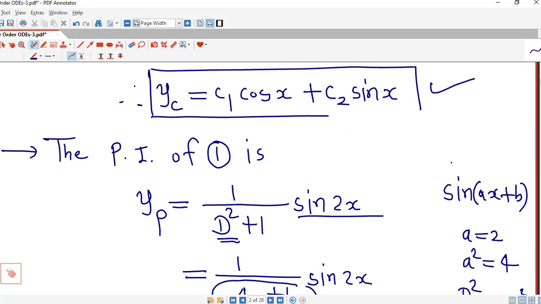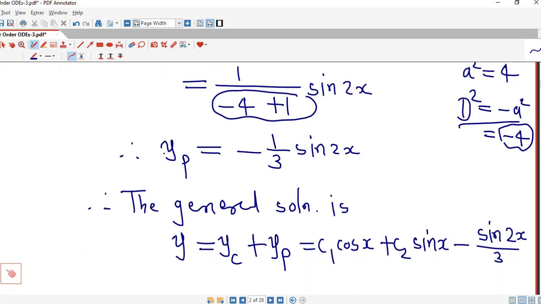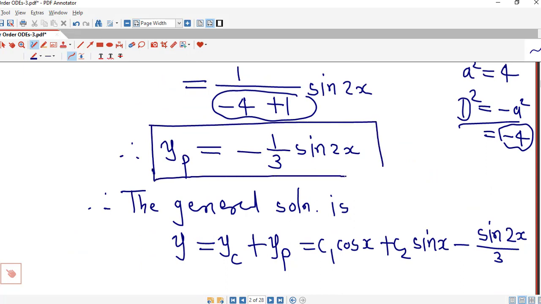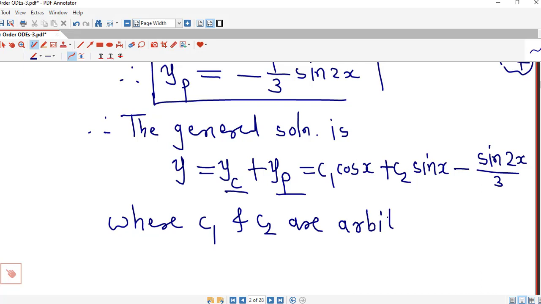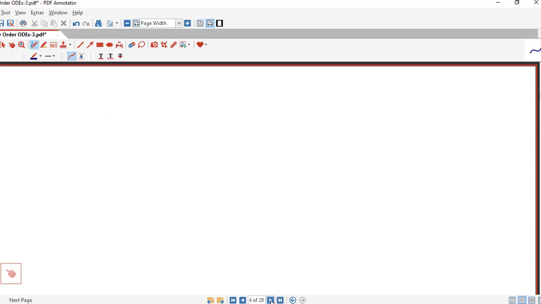It is fine, c1 cos x plus c2 sin x, and this is the particular integral, and the addition of these two is nothing but the general solution of the given differential equation. And here we mention that c1 and c2 are arbitrary constants, so we can take any value for these two constants. So we move towards the next problem.